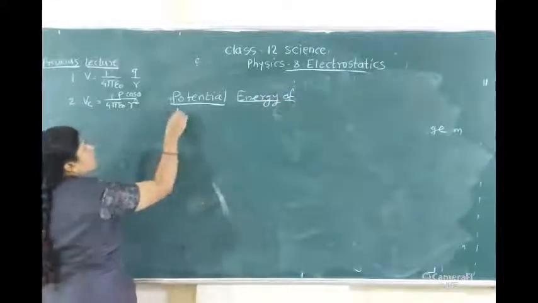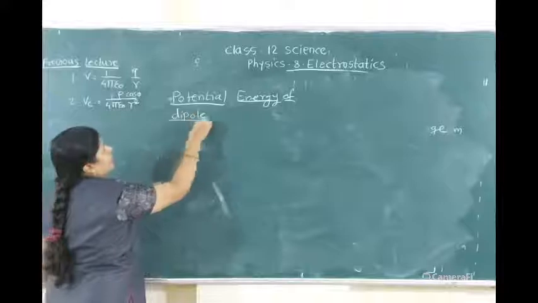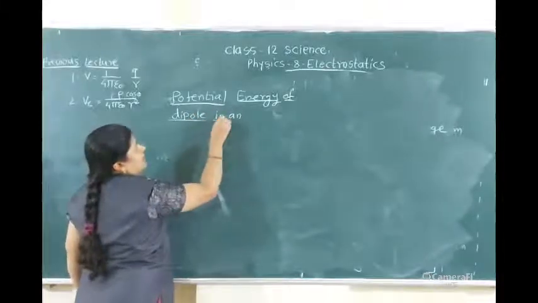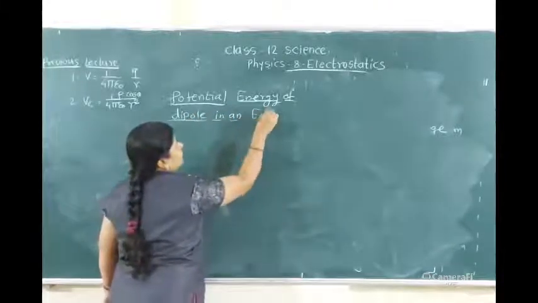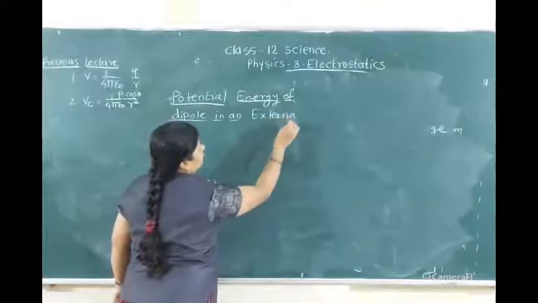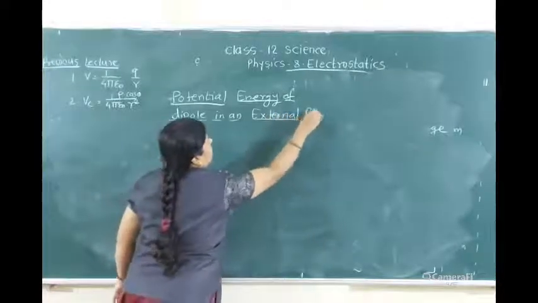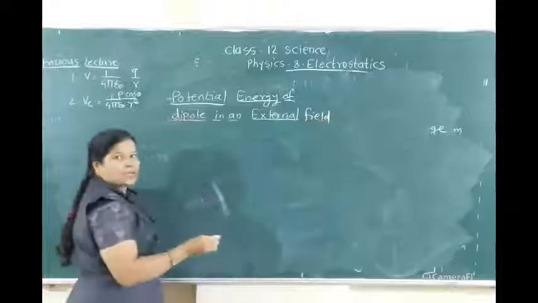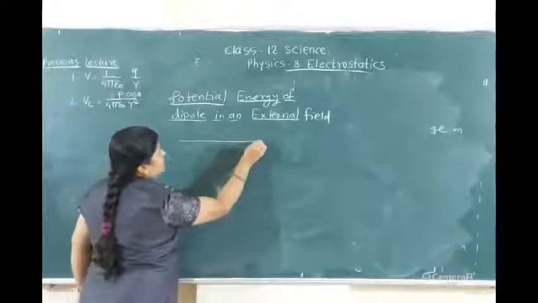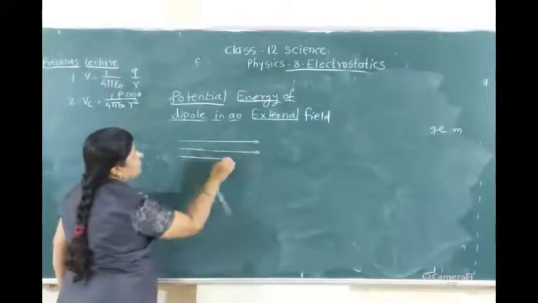Suppose this is the external electric field, vector E, and there are two charges, say plus Q and minus Q.